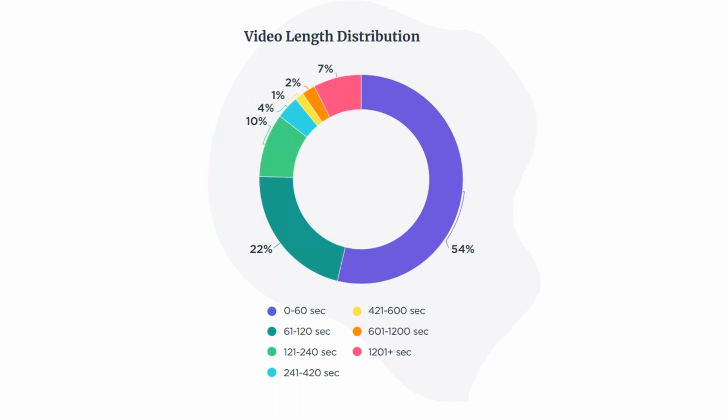You could see here that 54% of the videos, and this statistic is from 600 businesses and 250,000 videos that are B2B, are primarily videos of 0 to 60 seconds. With 22%, we got 1 to 2 minutes. So the majority of the content that's being placed out there for business communications is between 1 and 2 minutes long.